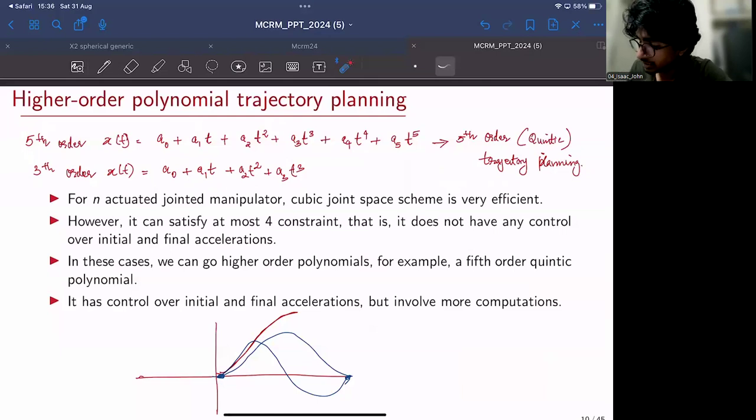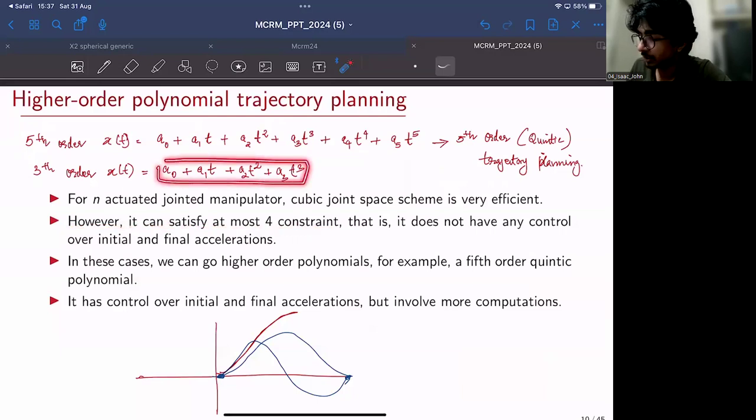So in summary, for an n-actuated jointed manipulator, the cubic joint space scheme is very efficient. Cubic is much easier to plan because it only deals with fewer equations. However, it can only satisfy at most 4 constraints, because there are only 4 unknowns.